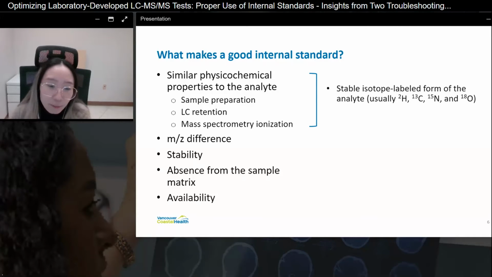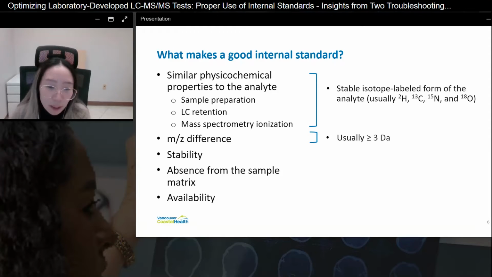And it's recommended to use a stable isotope-labeled version of the analyte, as this internal standard would closely mimic the analyte's physical chemical properties. And in order to make it easy for the mass spec to distinguish between the analyte and the internal standard, the mass to charge ratio difference between the internal standard and the analyte usually needs to be at least equal to or above 3.